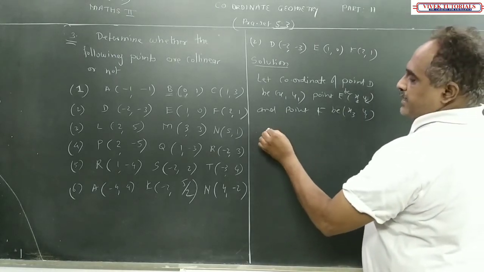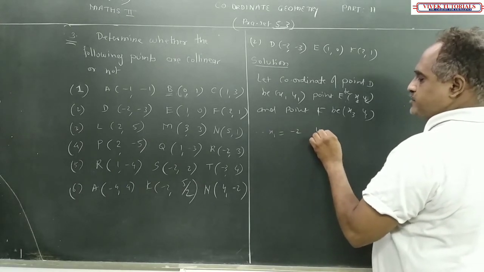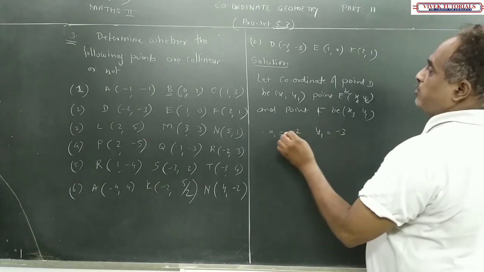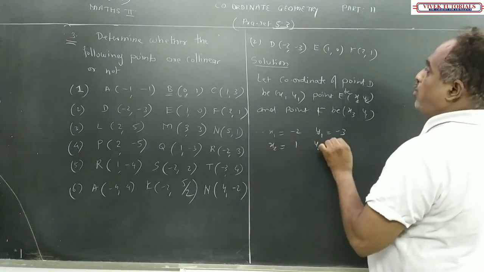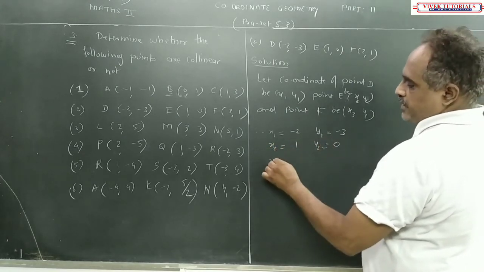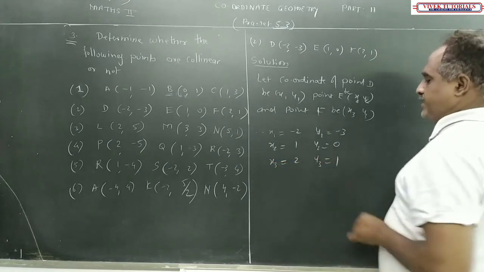Ultimately, therefore, x1 is equal to -2, y1 is equal to -3, x2 is equal to 1, y2 is equal to 0, x3 is equal to 2, y3 is equal to 1.